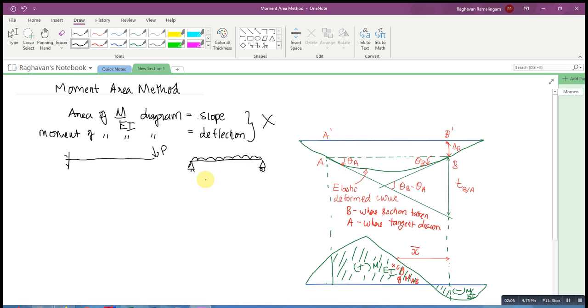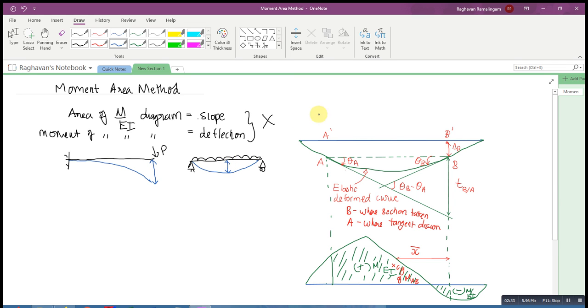For both this cantilever beam and for the simply supported beam, each of us knows that the location of the maximum deflection is at a certain place. You know for sure that this is where the maximum deflection is, and here this is where the maximum deflection is.